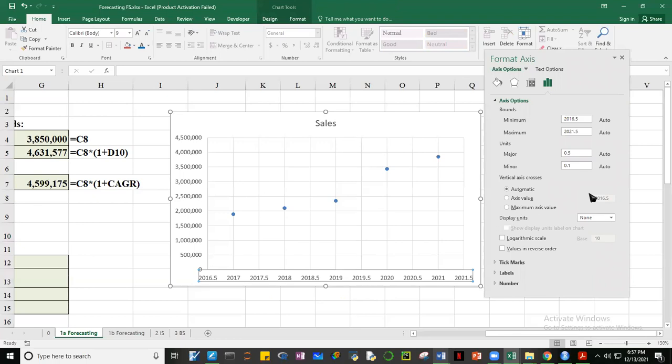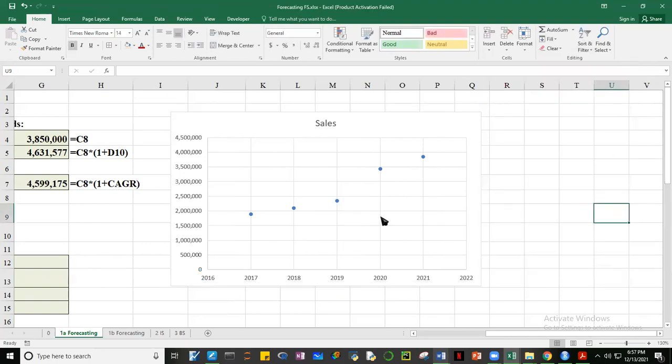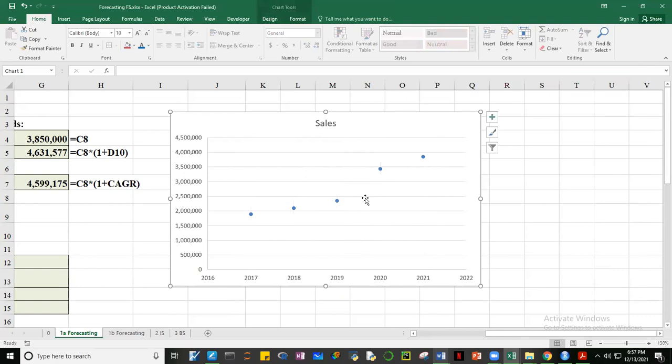Let's just make it yearly, so let's delete the 0.5 there. 2021 we can make 2022, that's okay. And then our major unit is 1. If you check, it's okay from 2016 to 2022. Let me close this, and then we can just remove our grid lines to make it clearer. So there you have a very simple scatter plot of your sales versus your time.